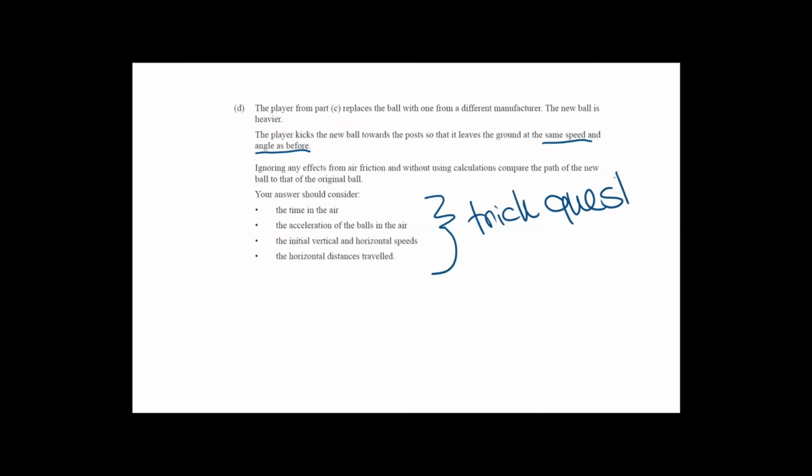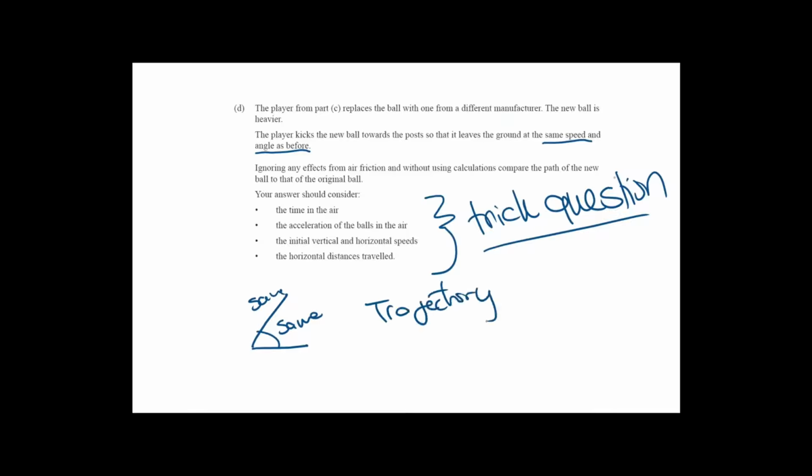A trick question. If the velocity is the same and the angle to the ground is the same, it will have the same trajectory and it will land in the same place. The reason being is that gravity paradoxically ignores mass. It's not related to mass. It accelerates all objects of any mass at the same acceleration.